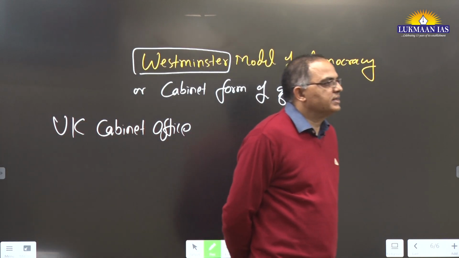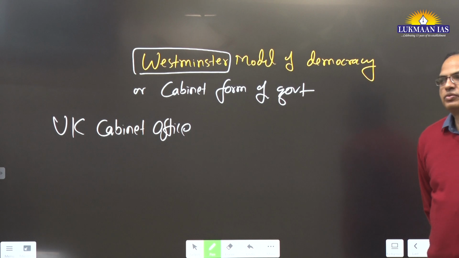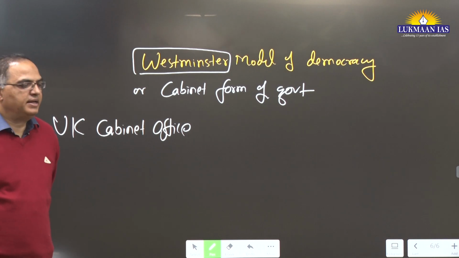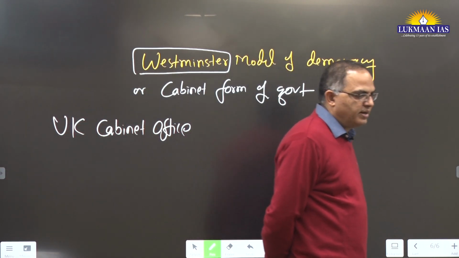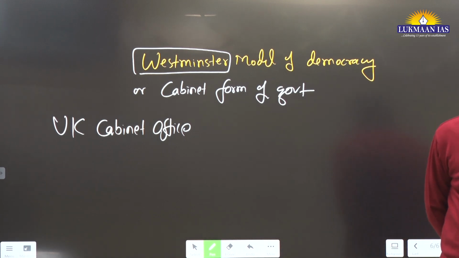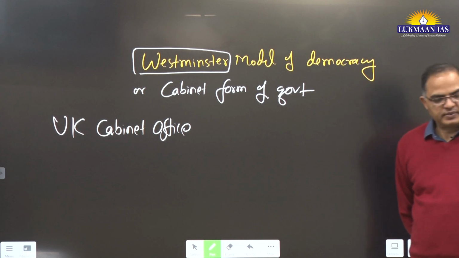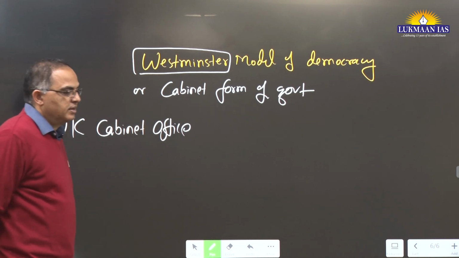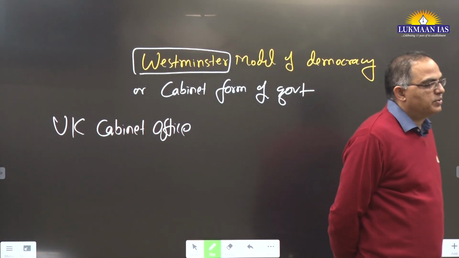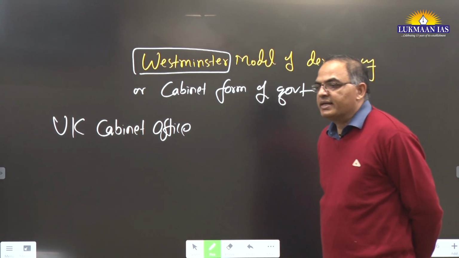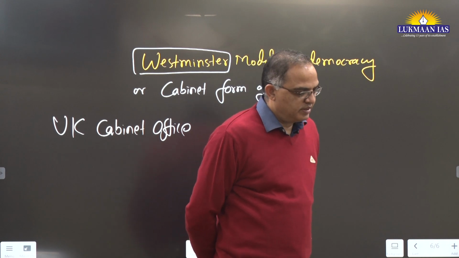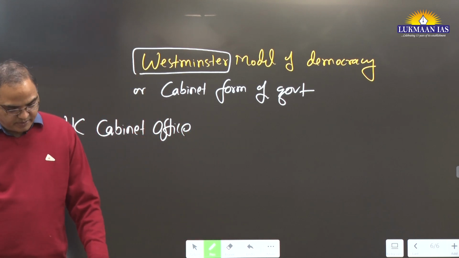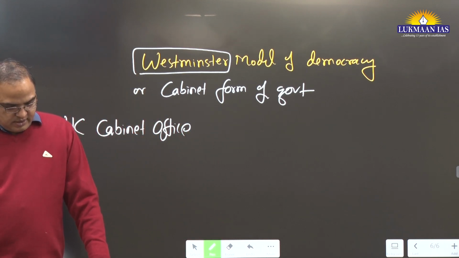So let's try that. The differences show that India avoided blind imitation, and it tried to keep the uniqueness of Indian parliamentary democracy.